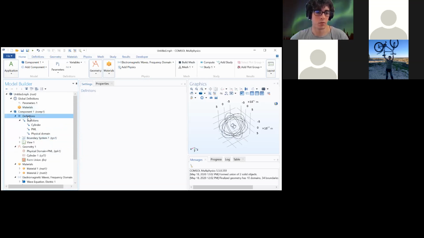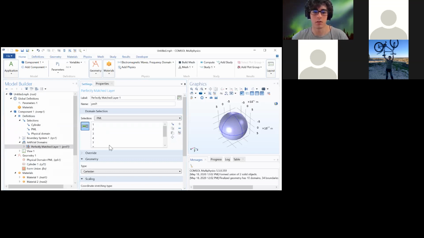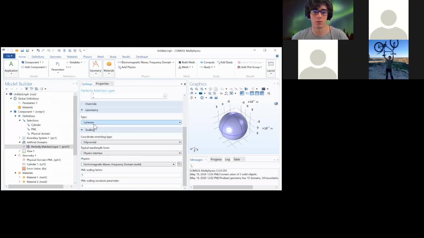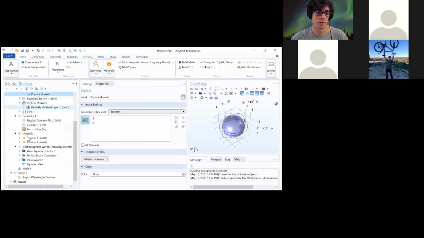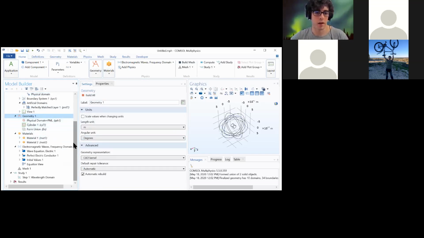Okay, so now finally we define a perfectly matched layer, the PML, and set it to spherical. I guess until here everything is clear and there are no doubts.